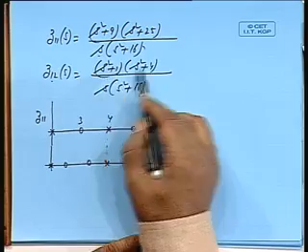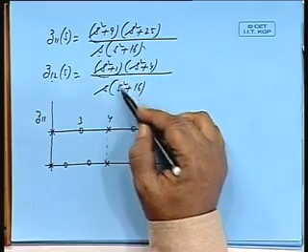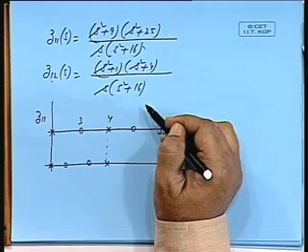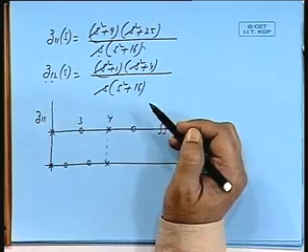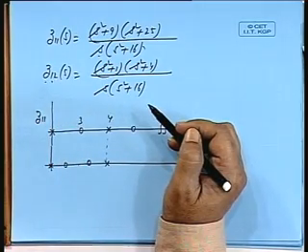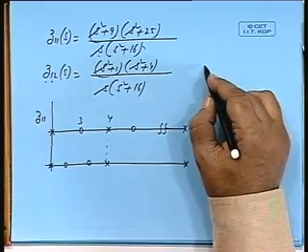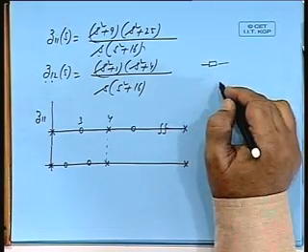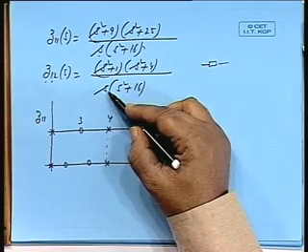Now, in the transfer admittance or transfer impedance, there is no hard and fast rule that poles and zeros should alternate. Transfer admittance Z12, how much is Z12 in terms of Z1, Z2?